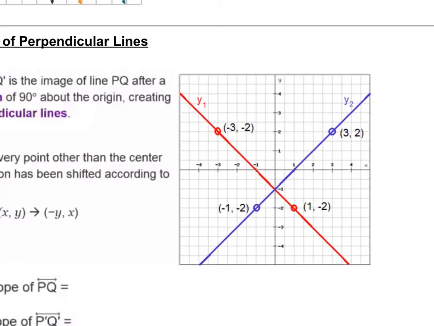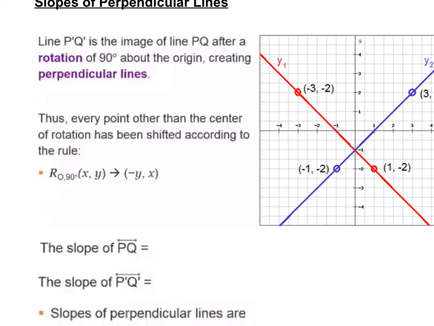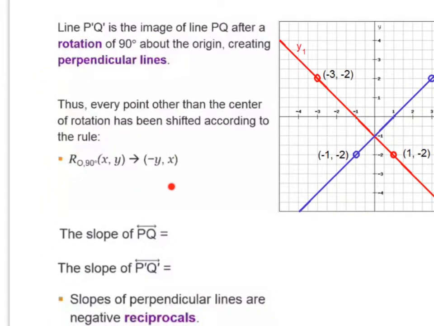Now let's talk about perpendicular lines. If you were to take a line and rotate it 90 degrees, you end up getting a perpendicular line. So when you rotate something about 90 degrees, you get a perpendicular line.